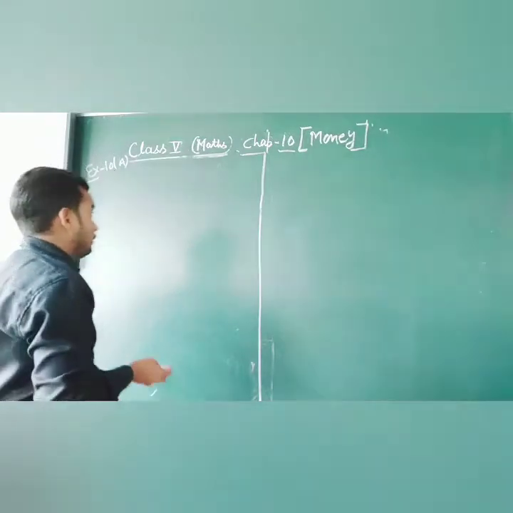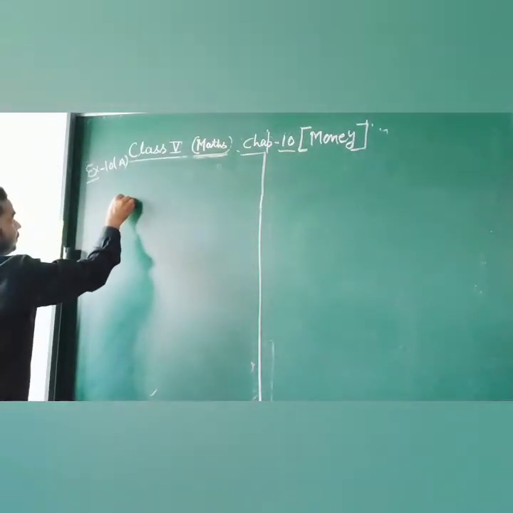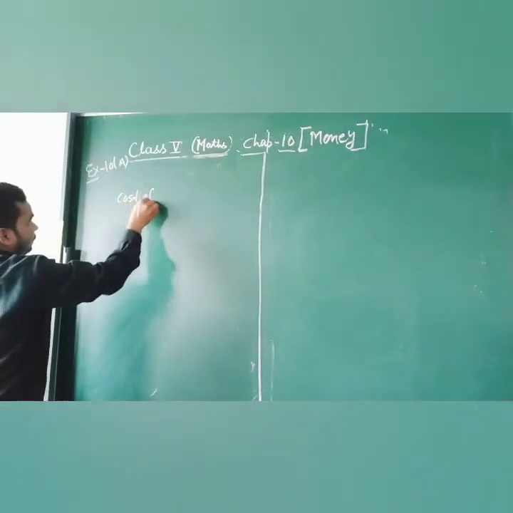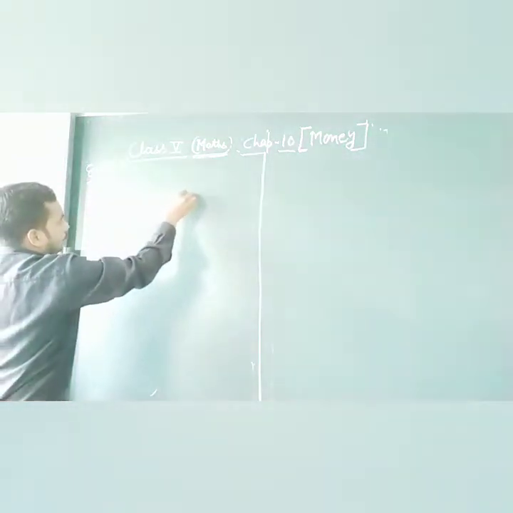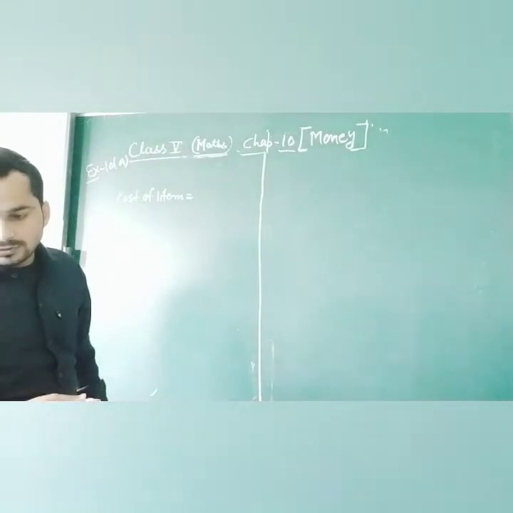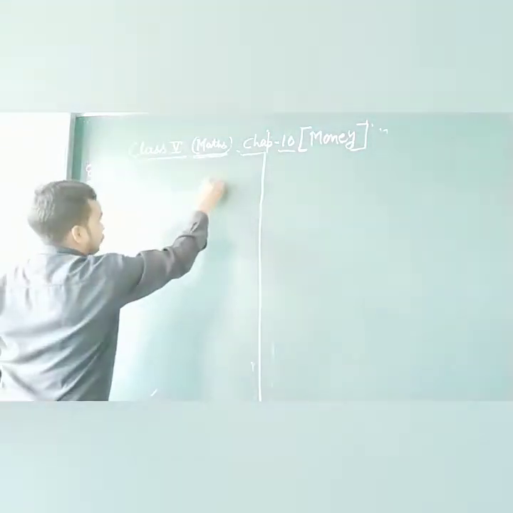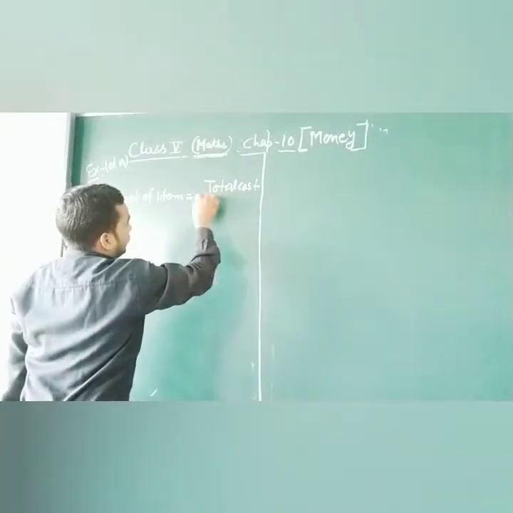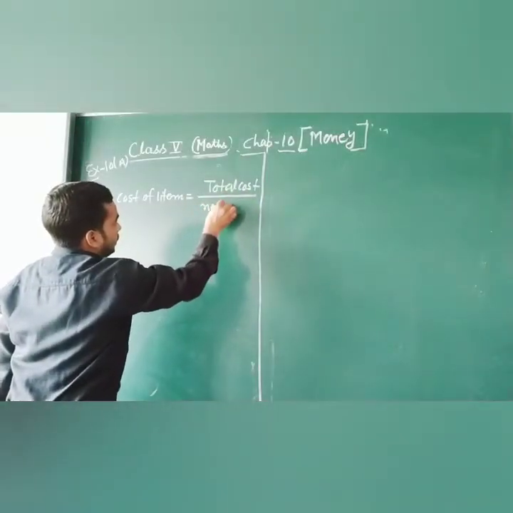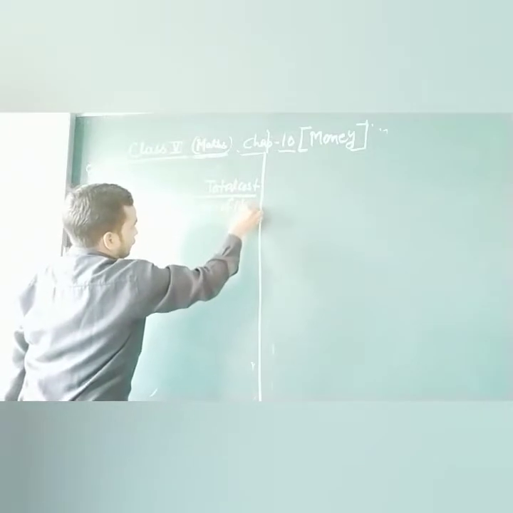Cost of one item equals total cost upon number of items.